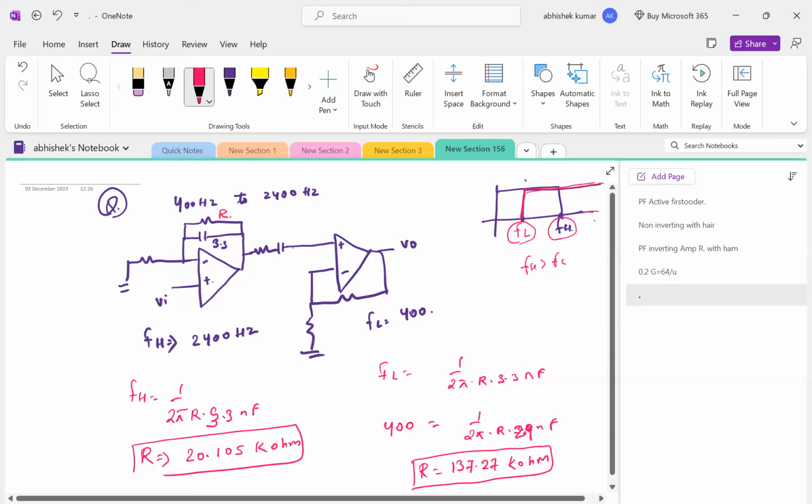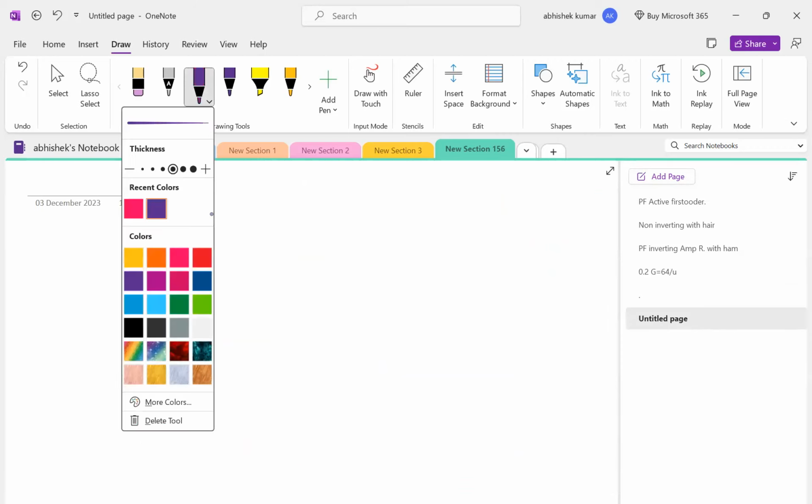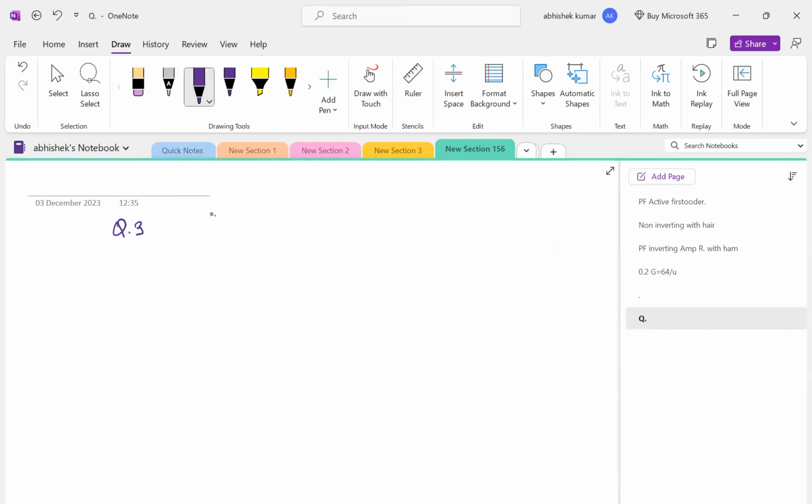Okay, let me open your another question. Other questions are fine, right? Question number 3. This is pretty much the same. They asked you to derive it, and after derivation, you have to conclude how it is low pass and how it is high pass.